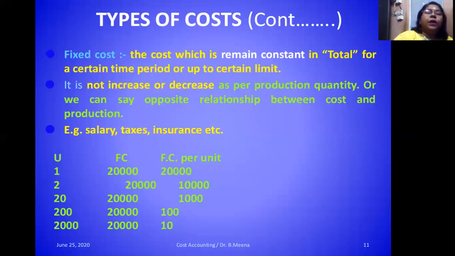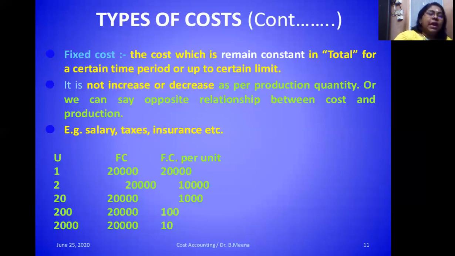So you will come to one conclusion by analyzing these three columns. Look at the second column: TFC remains constant at 20,000 rupees whatever be the volume of production. The first column is the volume of output, and the second column is TFC. TFC remains constant, whatever be the volume of output.